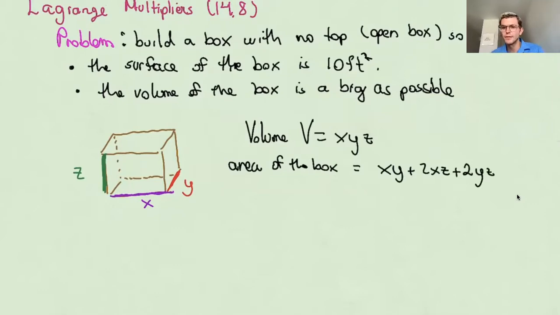You see it's only xy because there's no top, so xy is just the area of the bottom, and then the front and back and these two other sides come in pairs, so that's why you have a 2 in front of the other two quantities. Is that making sense?